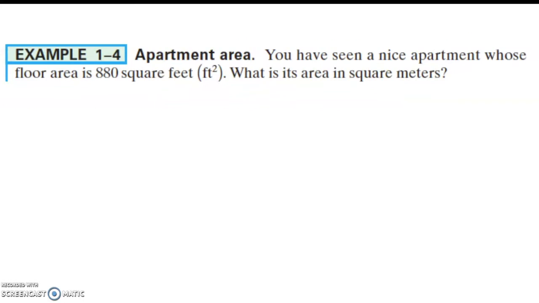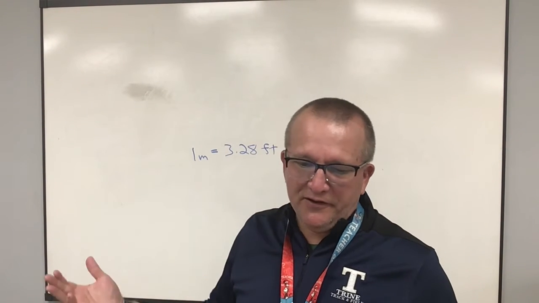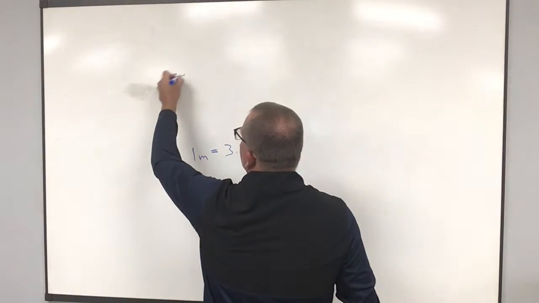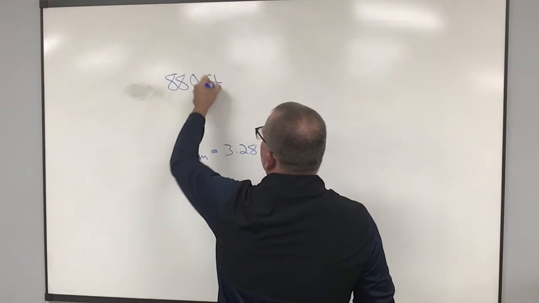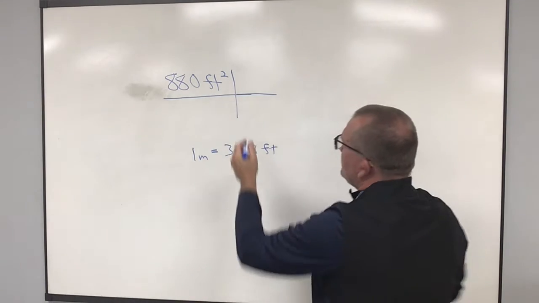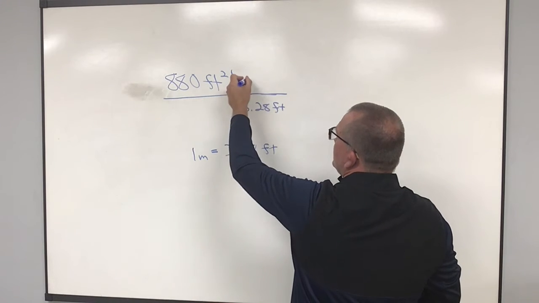The second problem is this one. Okay, so in this problem, we're talking about area. So we have 880 square feet, and we want to convert it to square meters. So we're going to use our same conversion factor of 3.28 feet and 1 meter.